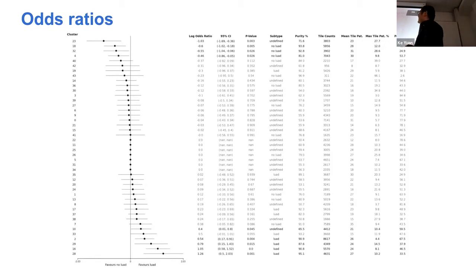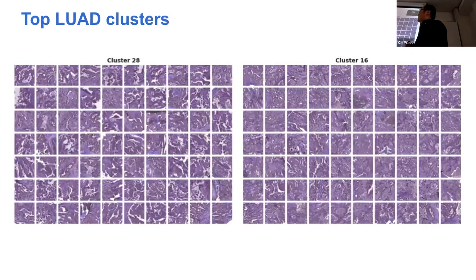So the first thing you can do is pull out those clusters that are deemed to be at higher risk, or higher odds to be one over the other, and take a random sample of a large number of tiles from those clusters. Our very subjective judgment at this point is that they are being clustered into the right group.